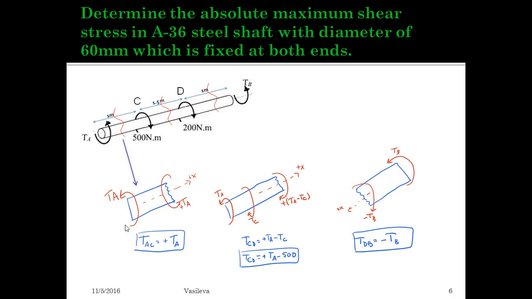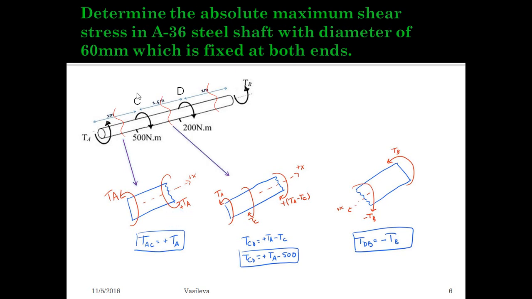We need another torque going the opposite direction of TA down here to counterbalance this TA. So TAC, the torque for this section, is going to be positive TA. I hope that makes sense.